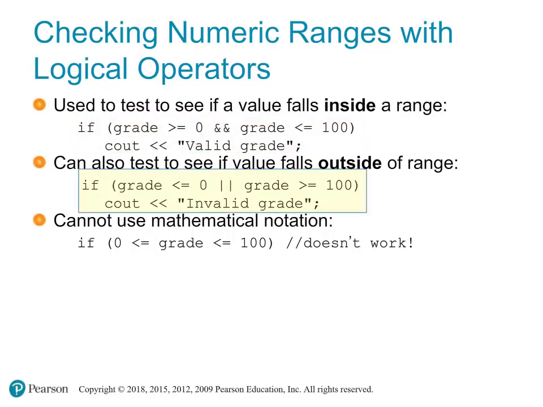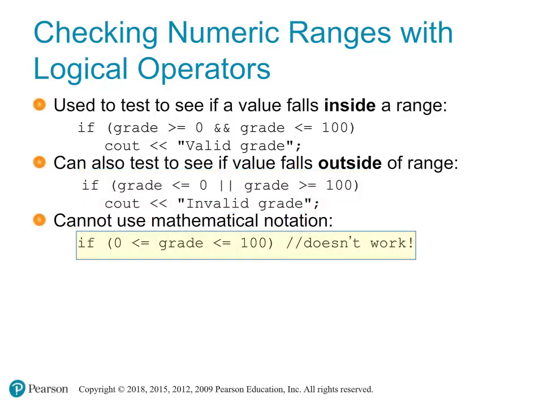Use the OR operator to check if a value is outside a range. In this case, the grade is considered invalid if it is less than 0 or greater than 100. C++ doesn't support mathematical range notation. This syntax is incorrect and will not produce the expected result.